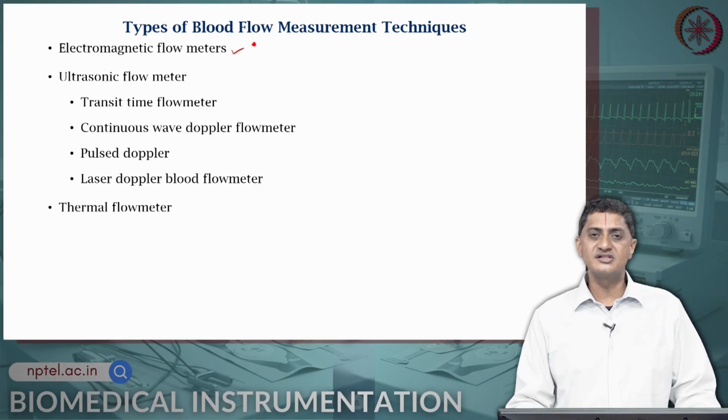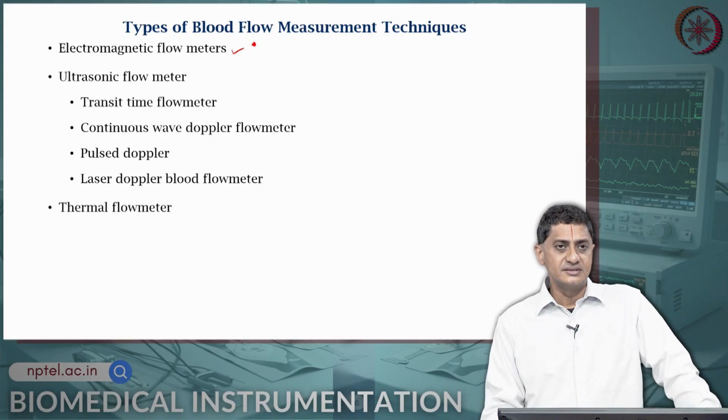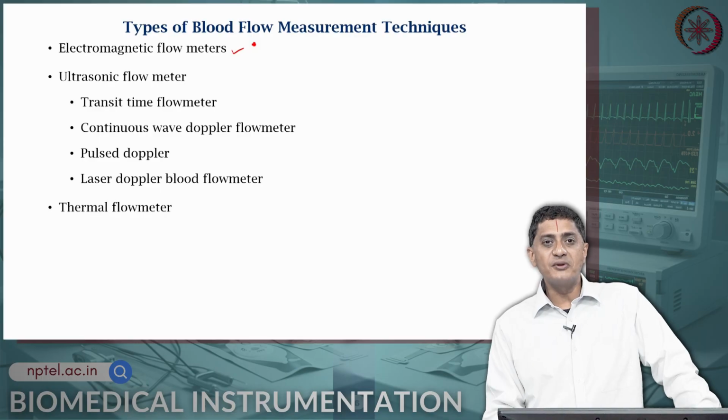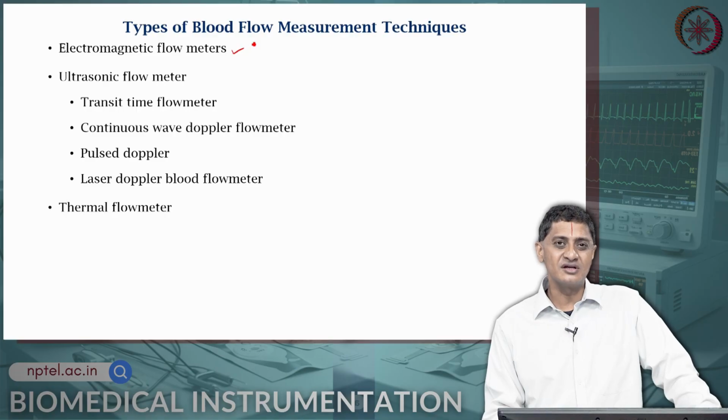Depending on that, it essentially estimates the velocity. The other is the continuous wave Doppler flow meter. In this case, what is measured is a frequency shift. Doppler shift means a frequency shift. Recall from high school physics what is the Doppler effect.